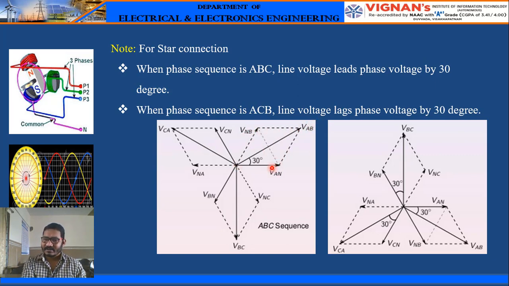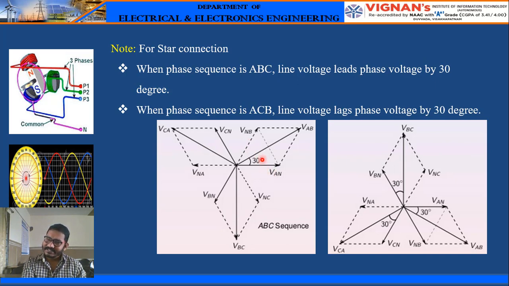In the clockwise direction, the line voltage comes first, and after 30 degrees the phase voltage comes. It means the phase voltage lags by 30 degrees, or otherwise the line voltage leads by 30 degrees. Both are the same.